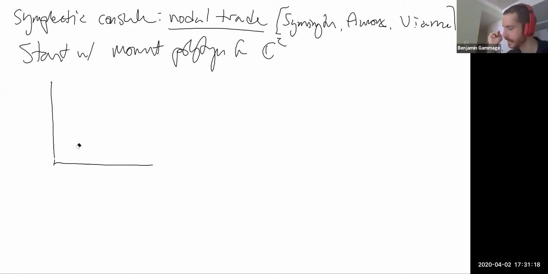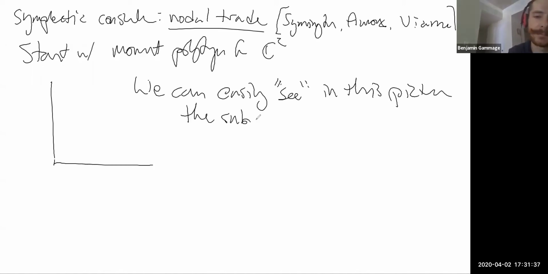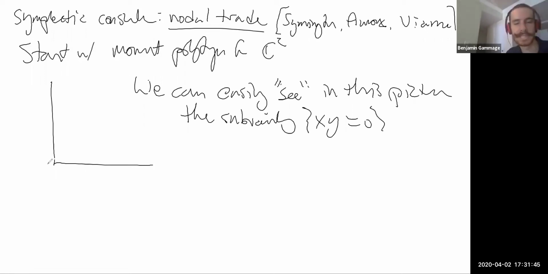We can easily see in this picture the subvariety xy equals 0, right? That's these two lines here. That's the toric boundary. So that's something that is very easy to see in this picture.